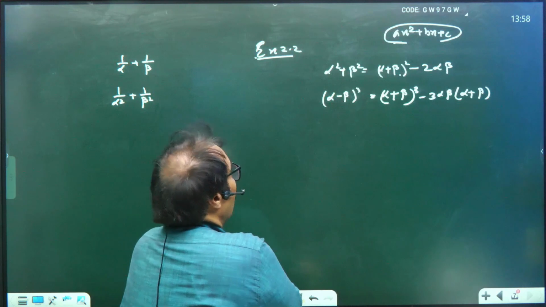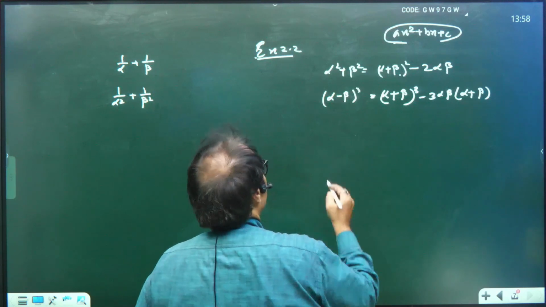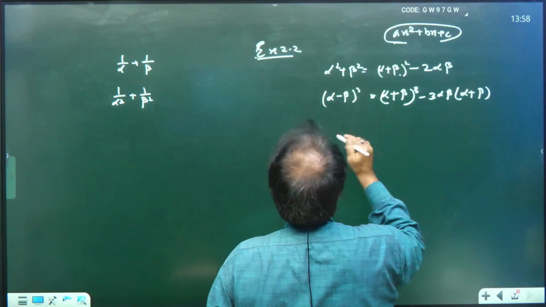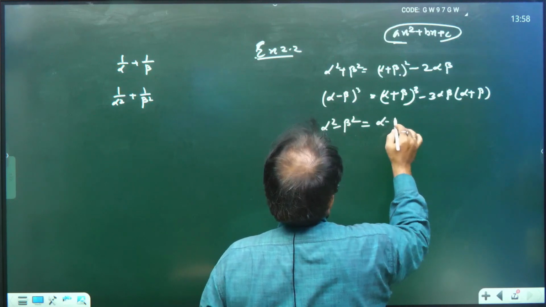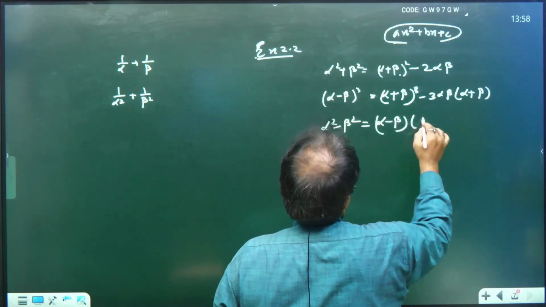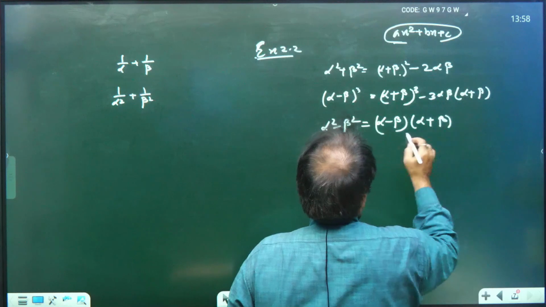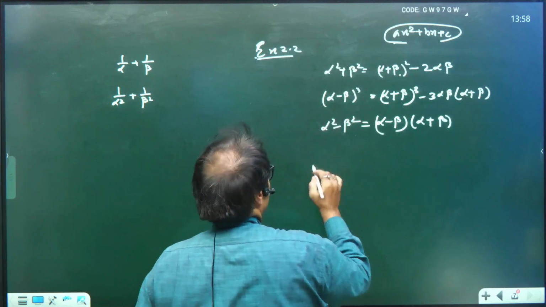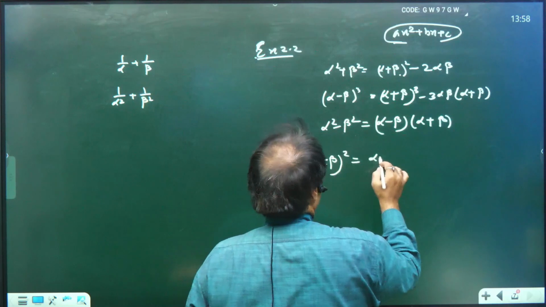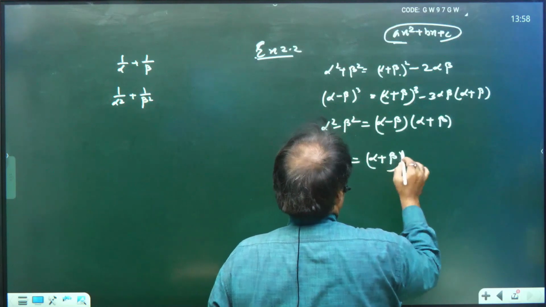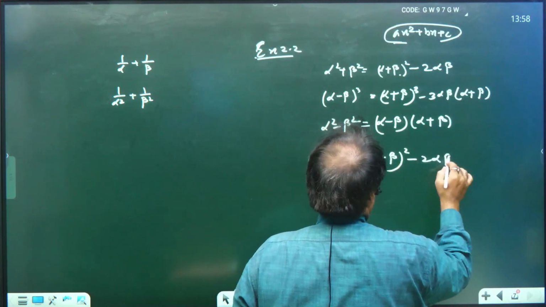Or if you have to find the value of alpha square minus beta square, this is alpha minus beta into alpha plus beta. And now find the value of alpha minus beta. Alpha minus beta whole square is equal to alpha plus beta whole square minus 2 alpha beta.